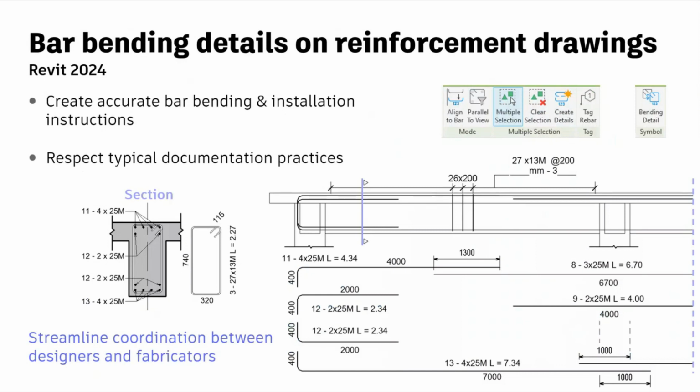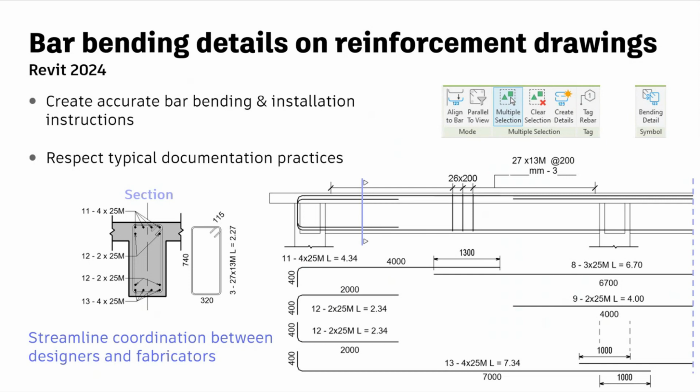And other enhancements we have here in 2024: you can add bending details to your reinforcement drawings to create accurate bar bending and installation instructions. You can place bending details in plan, section, and elevation views, inside and outside the view crop region, using the dedicated tools in the ribbon.